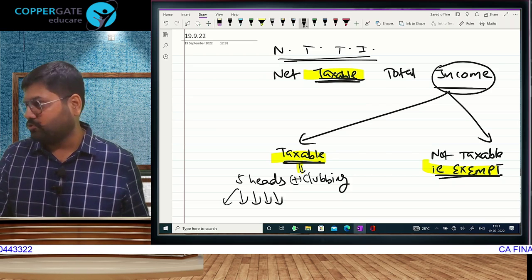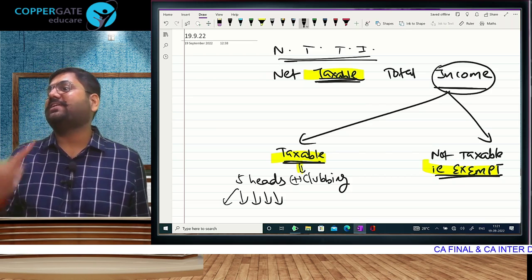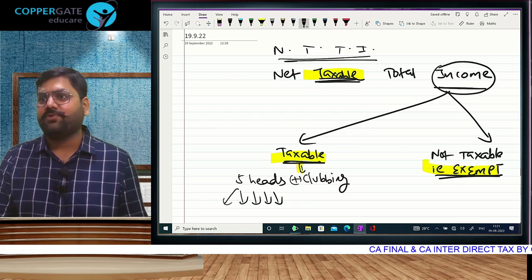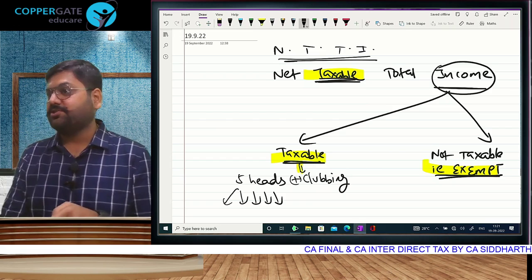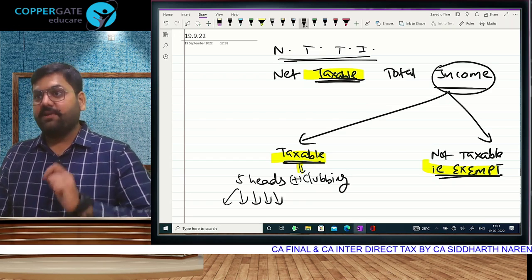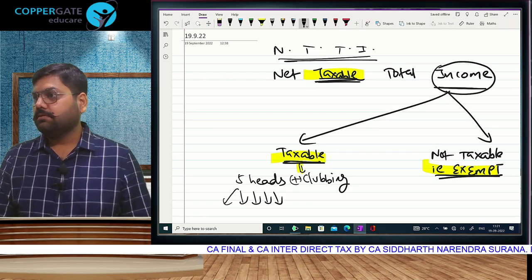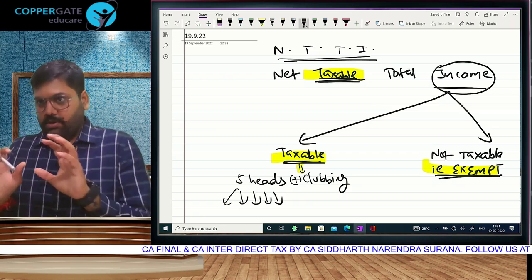Money will come in your household only, no? In your family, no? But they will get to use that 0%, 5% because every individual has got that separate slab available to him. That is why people take income in the name of their minor children. But it will be included in the income of the parents. That's our chapter clubbing. One person has to pay tax on income belonging to other person.